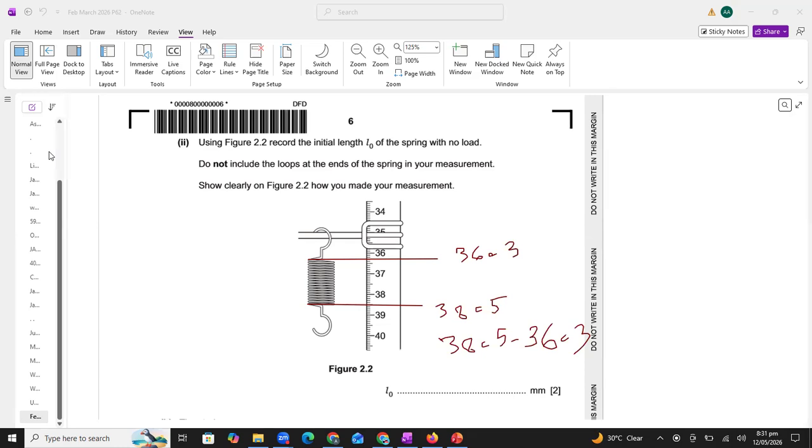Am I audible to you, everyone? Okay, all right. 2.2. We are getting 2.2 as the length of this spring. Is it clear to you, everyone?